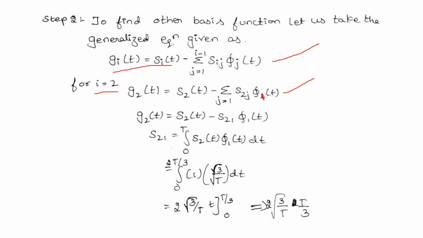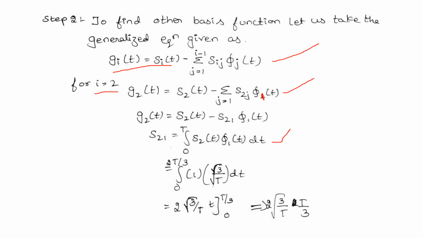We know the formula to find s21, that is s21 is equal to the integral from 0 to T of s2 of t into phi 1 of t dt.